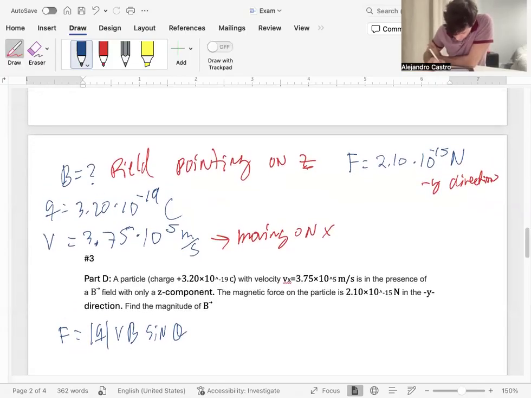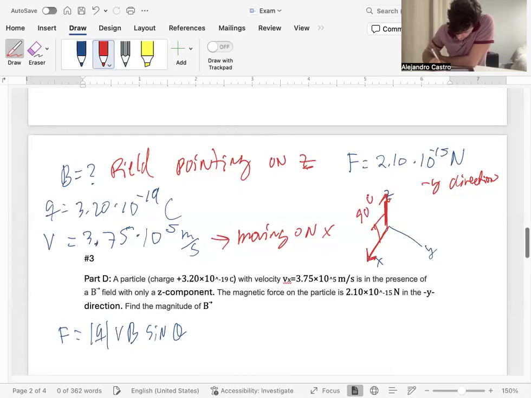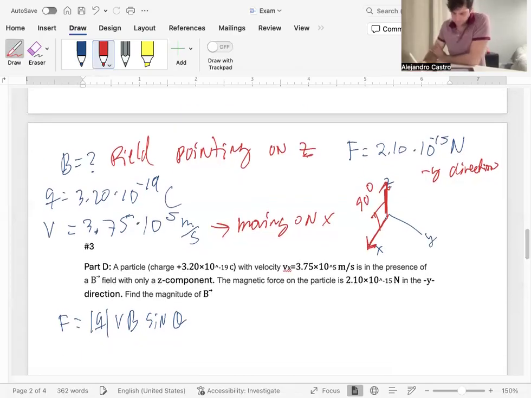It's the angle, but we can figure it out. We are told that it's moving at... the field is pointing on C. So we can deduce that the angle is 90 degrees.